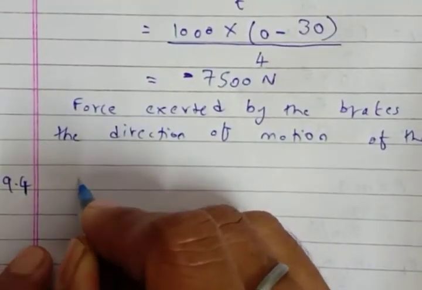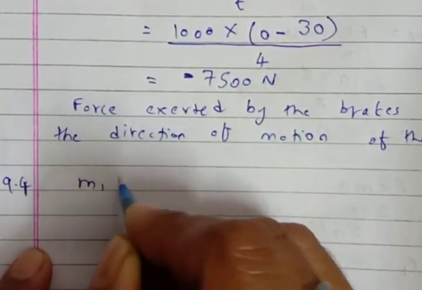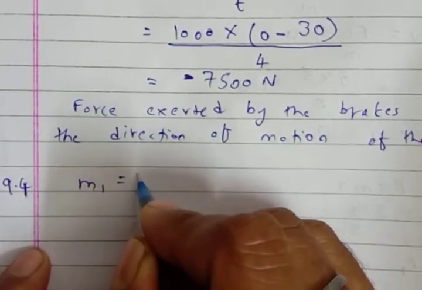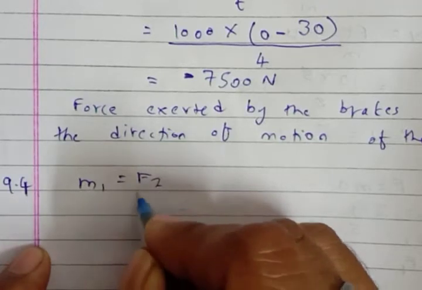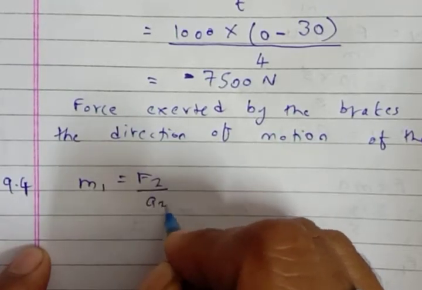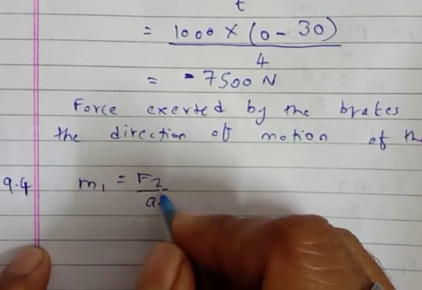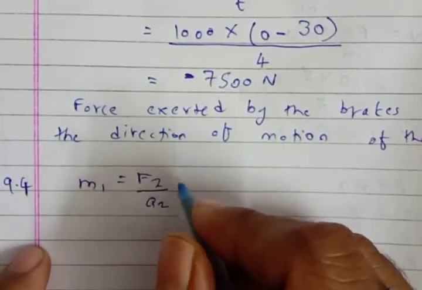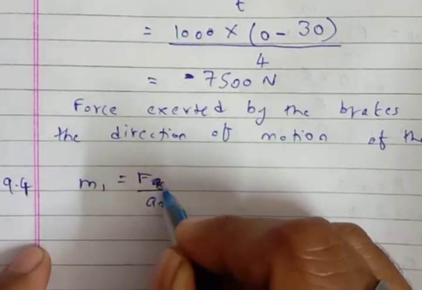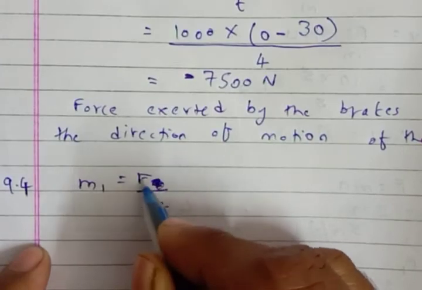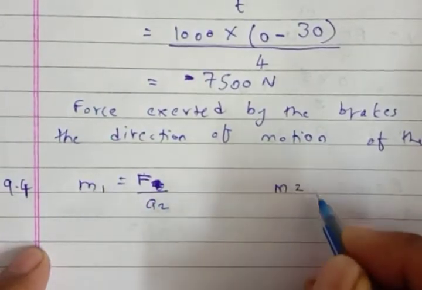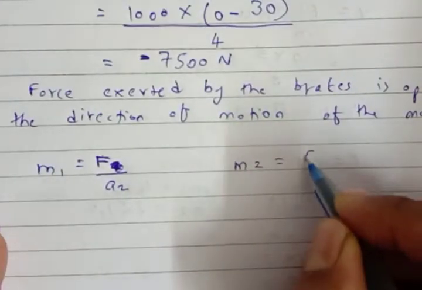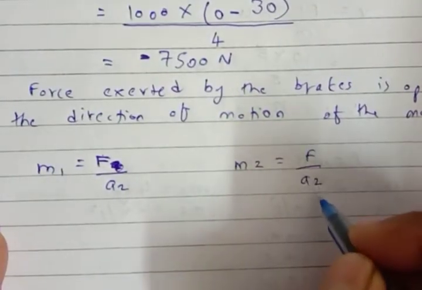Here what is m1? m1 is F1 by a1, and m2 is F by a2. The force here is the same, acting on both the masses, so F will be the same for both.